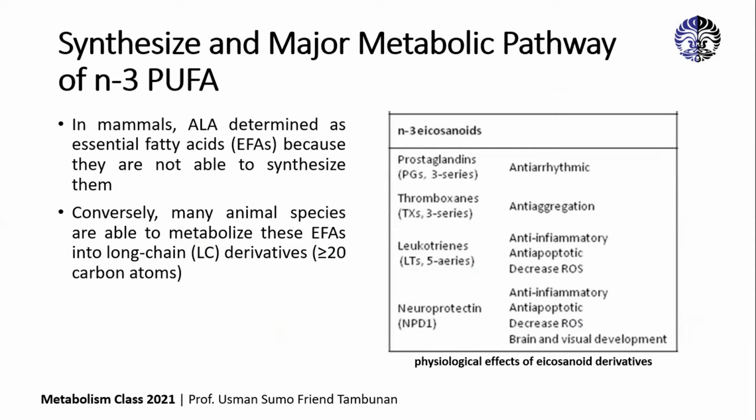And there are derivatives of N3 eicosanoids, such as prostaglandin with 3 series of double bond, which has function as anti-rheumatic, thromboxane as anti-aggregation, leukotrienes as anti-inflammatory, anti-apoptotic, decrease ROS, and neuroprotectin as anti-inflammatory, anti-apoptotic, decrease ROS, and for brain and visual development.